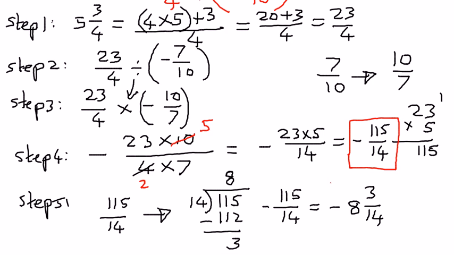So therefore this is our answer. This is where we want to leave it. Therefore the quotient of these two fractions is going to be equal to negative 8 3 over 14.